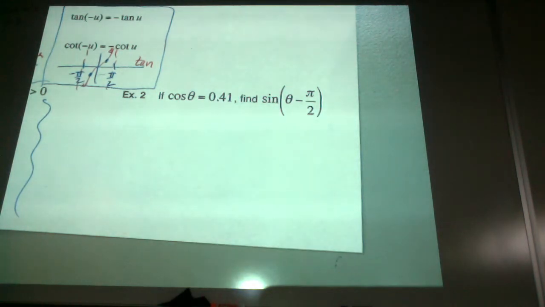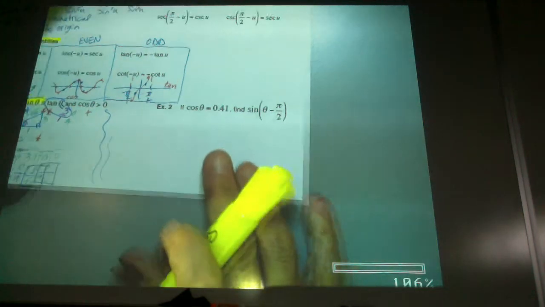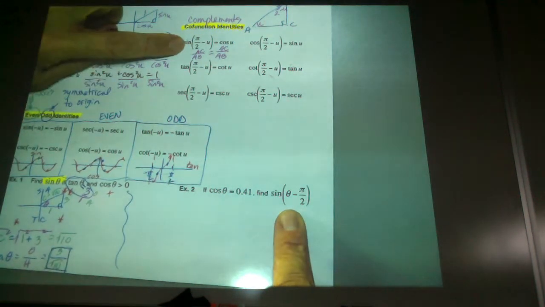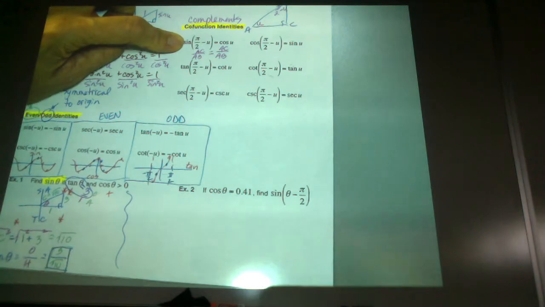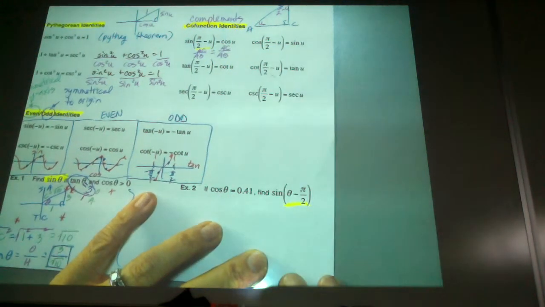Does this look familiar at all? They're similar, aren't they? But they're not exactly the same, are they? How are they different? This is not the same as this.